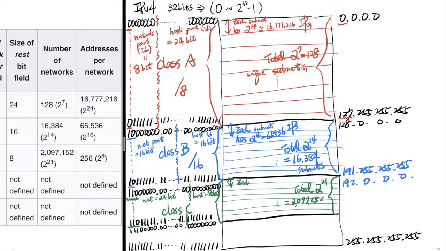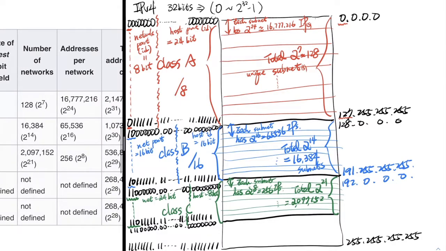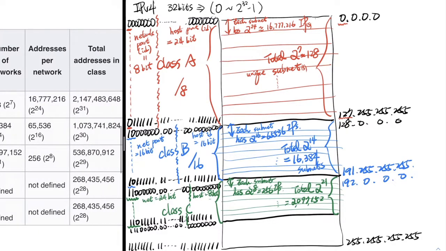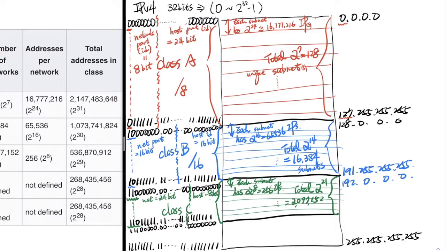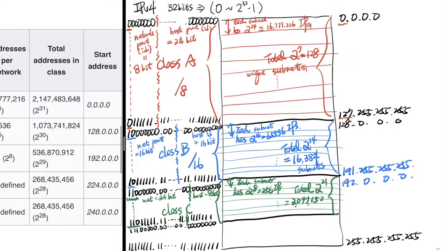For each green subnet right here, since we have 8 bits used to represent the host ID in the subnet, it can only contain 256 IP addresses. Looking at the left hand side, the number of networks is about 2 million, and each green subnet in class C can only contain 256 IP addresses. So in total we have that many IP addresses in class C.